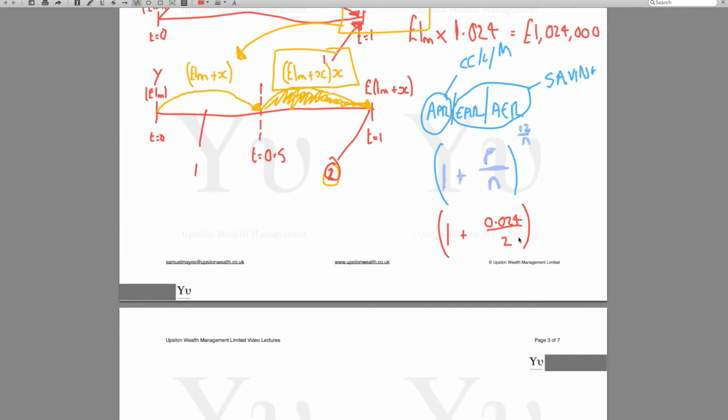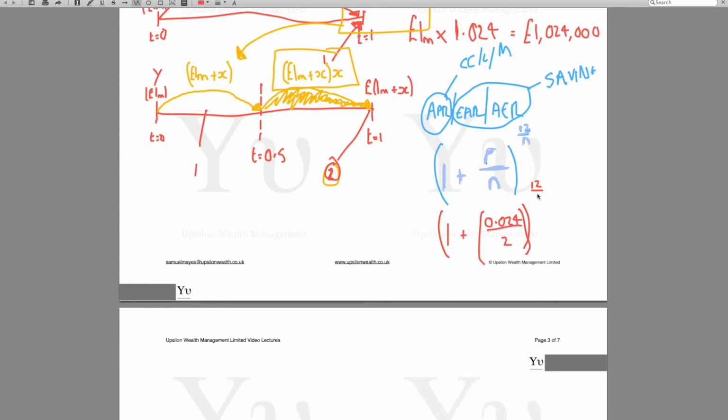It's not 1 plus 0.024 divided by 2. It's 1 plus brackets 0.024 divided by 2, raised to the power of 12 divided by how many periods there are in that year.